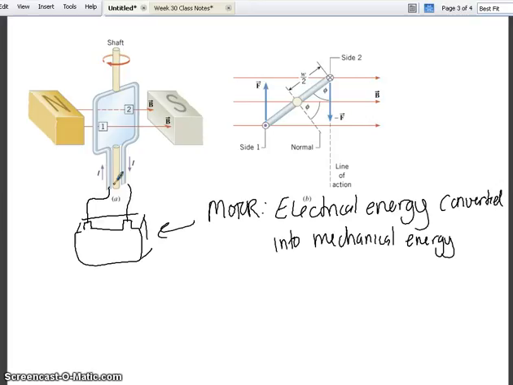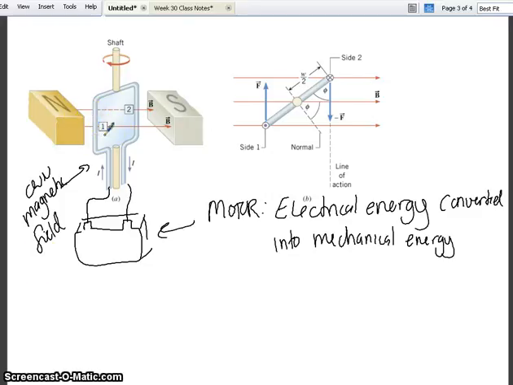This current has its own magnetic field. And what happens is this magnetic field will oppose the magnetic field present, so these two magnetic fields will oppose each other.